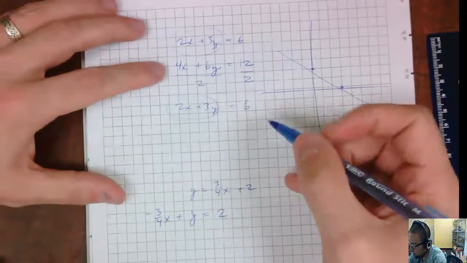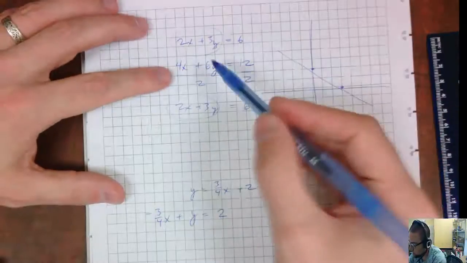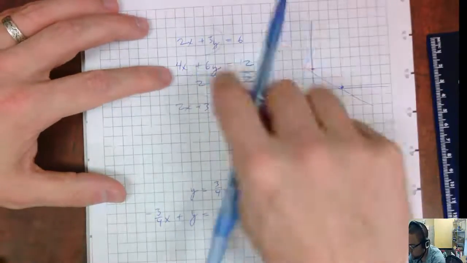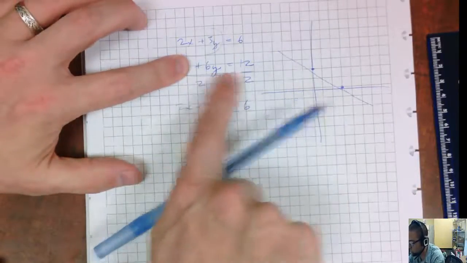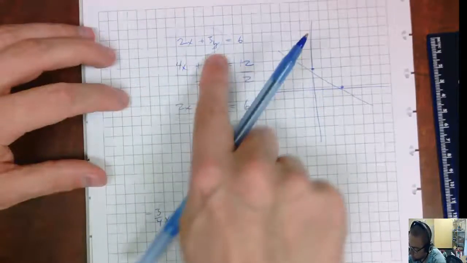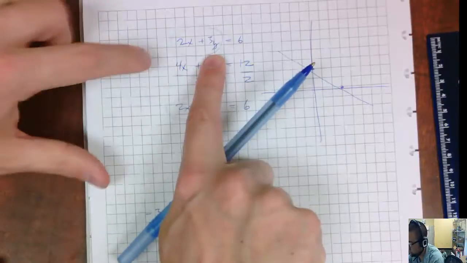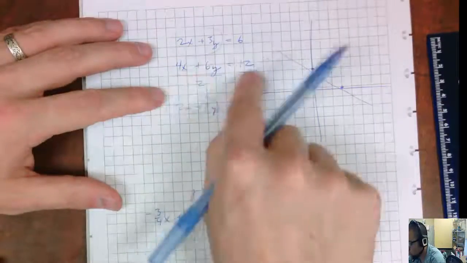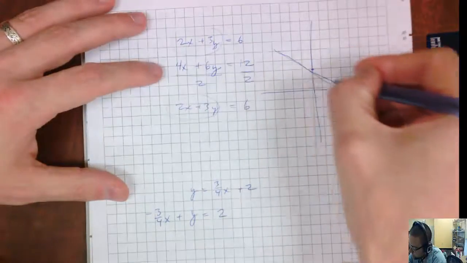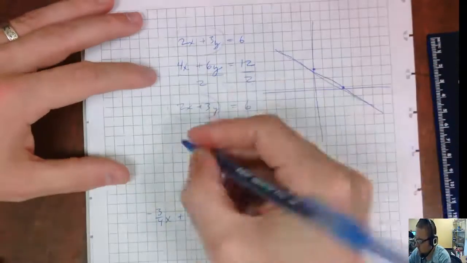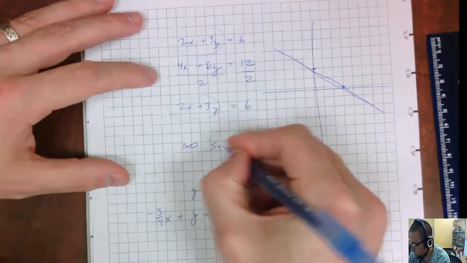And then multiplying it by 2 doesn't really change anything. So here, if I said x is equal to 0, still y is equal to 2. And when y is equal to 0, I get x is equal to 3. 4x equals 12 says x is equal to 3. So it has the same line right on top of the other line. And so this is an infinite number of solutions.